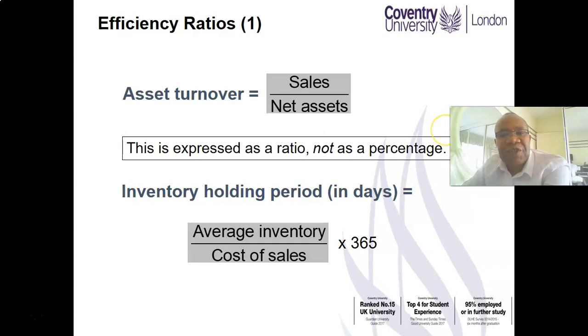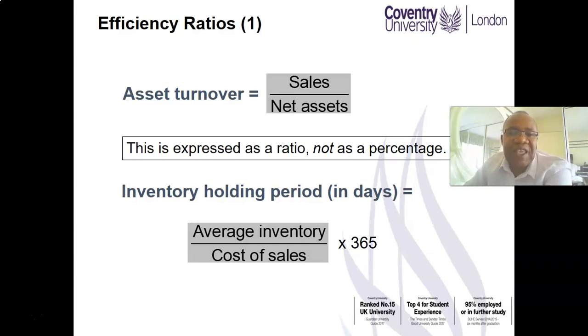The other types of efficiency ratios are mainly for working capital management. So these are basically ratios that cover inventory, receivables, and payables. These ratios have different forms of calculation, but I'm going to focus on the holding period calculation. Look in your textbook, you will see the different varying forms of calculations for these types of ratios.